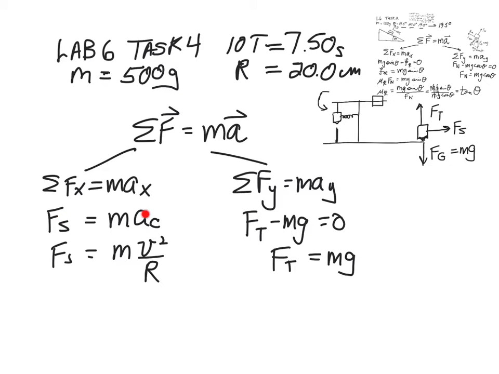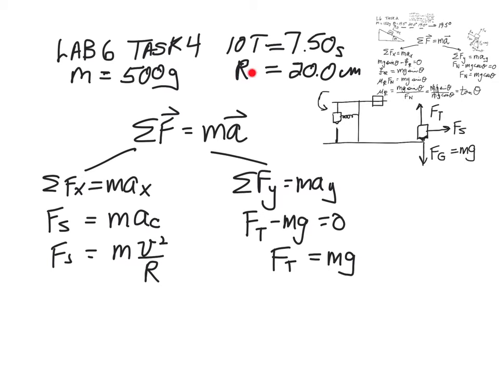So it's equal to the mass times the acceleration, and this is not zero, clearly. The acceleration of an object moving in a circle at constant speed is the square of the magnitude of the velocity divided by the radius.